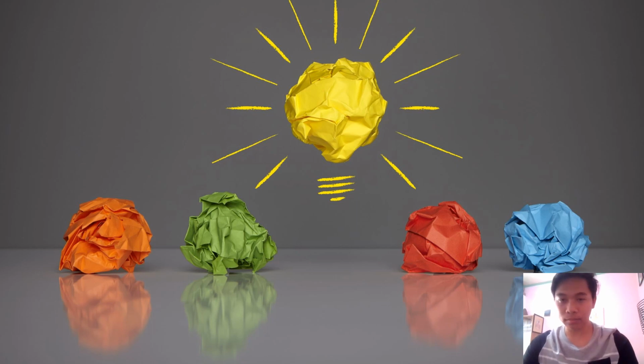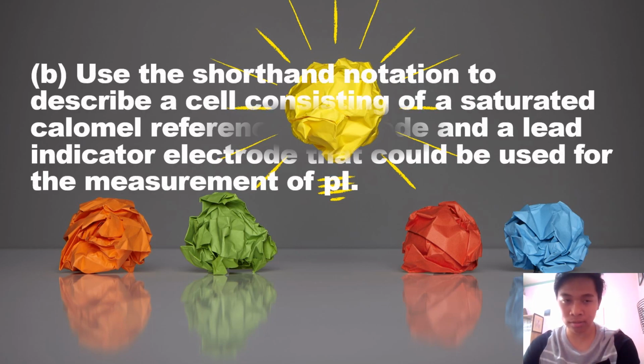Now, there is a formula to know what the shorthand notation is, but first we have to know what the problem is. Use the shorthand notation to describe a cell consisting of a saturated calomel reference electrode and a lead indicator electrode that could be used for measurement of pI.